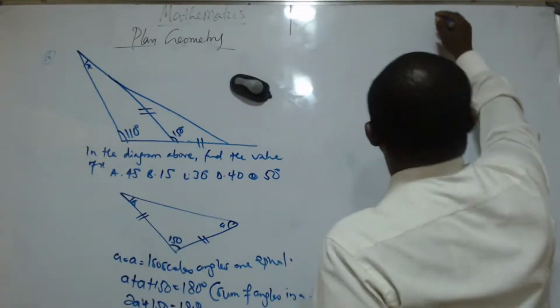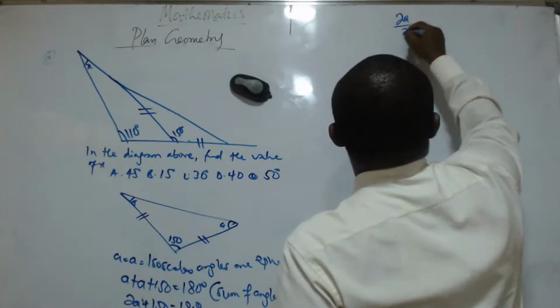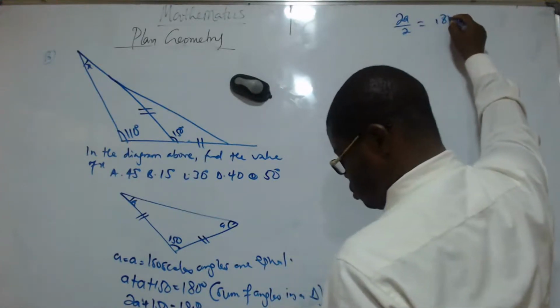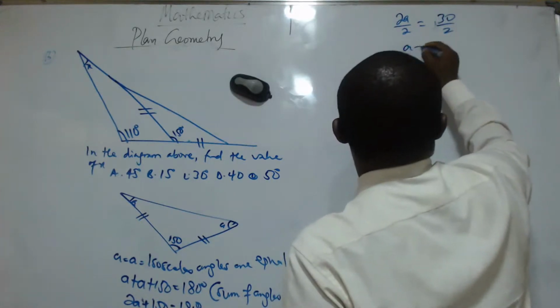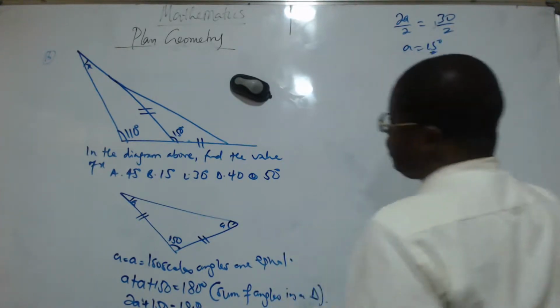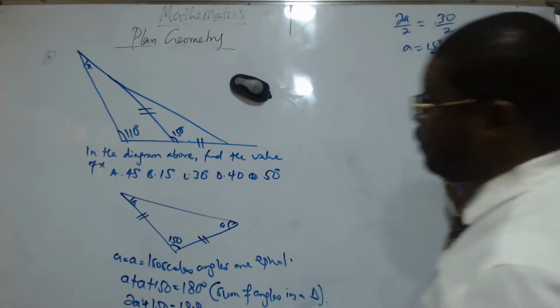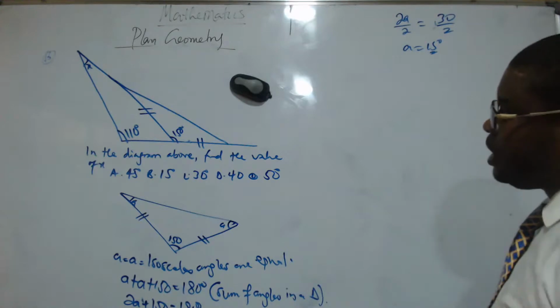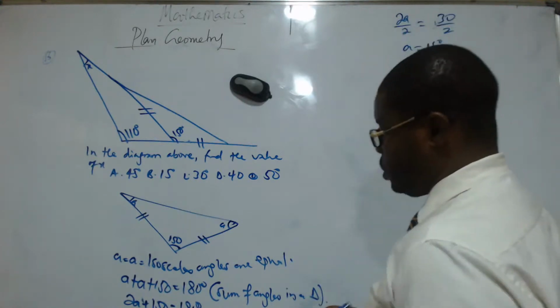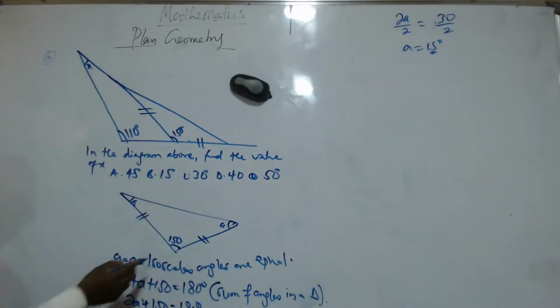So 2A divided by 2, we have 180 minus 150, which is 30, divided by 2. So A equals 15 degrees. Right? So if that is the case, how do we go about that? Now here we're going to extend this line again.